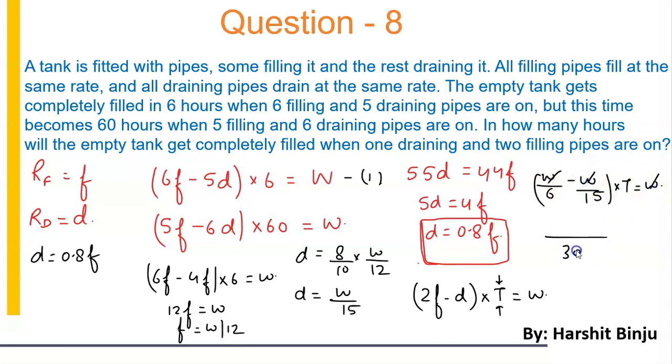You can take 30 as your LCM. So this is 5 minus 2 whole multiplied by T is equal to 1. So you will have T is equal to 30 by 3, which is simply equal to 10 hours. That's it.